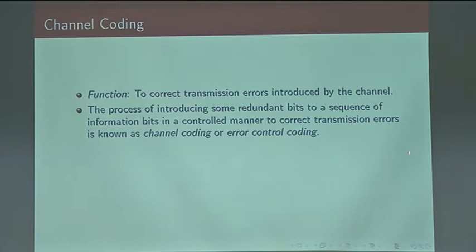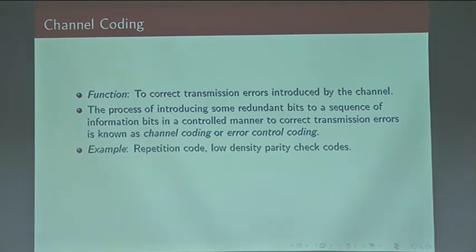We do it in such a way that we'll be able to correct transmission errors at the receiver, at least a certain number of the most likely transmission errors. And this whole process is known as error control coding, error correction coding, channel coding, or sometimes just coding theory.